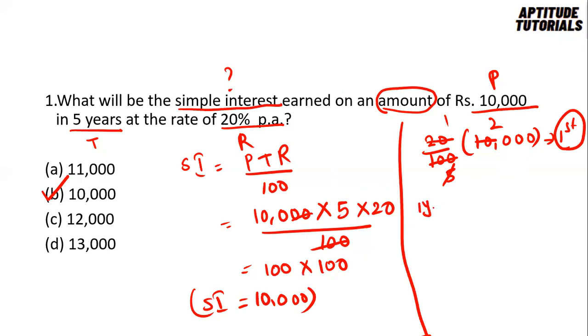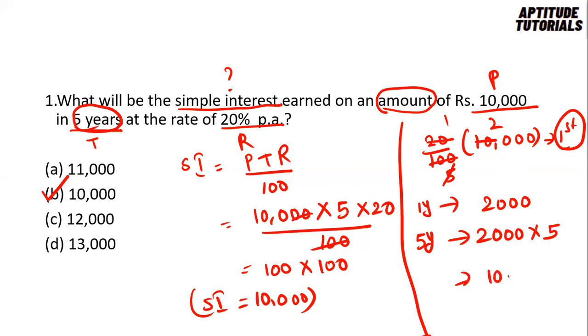So for 1 year, the simple interest is nothing but 2000 rupees. In the question, you can see the time period is 5 years. If the time period is 5 years, then 2000 multiplied by 5, that is equal to 10,000. Even if you are using the percentages method, you will be getting the same answer.